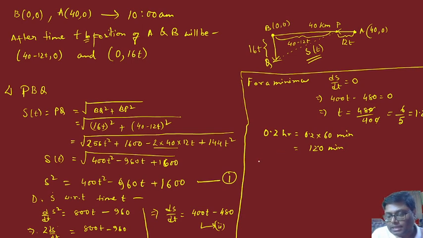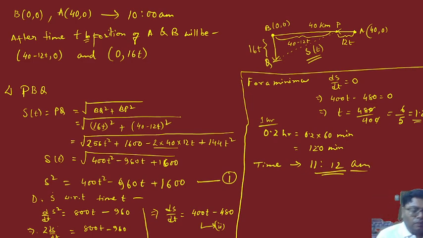So the time will be 11:12 am. That means after 11:12 am the particle will be at minimum distance.